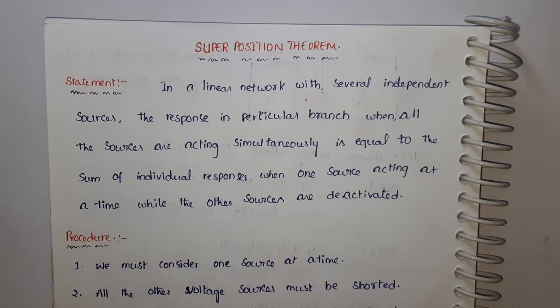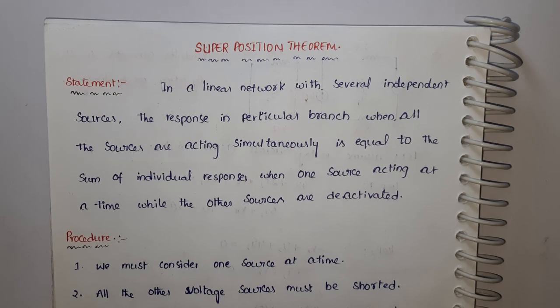Let us start with superposition theorem, which is very important, and most of the questions will be asked from superposition theorem in competitive exams like SSC JE and digital assistant examination and so on. So let us start with the statement of superposition theorem.